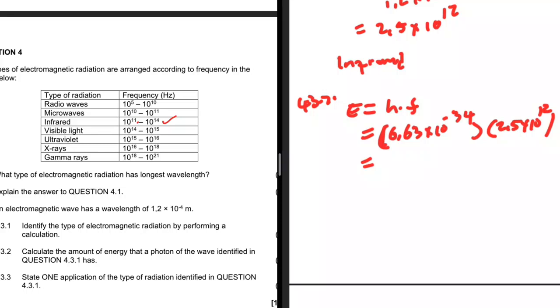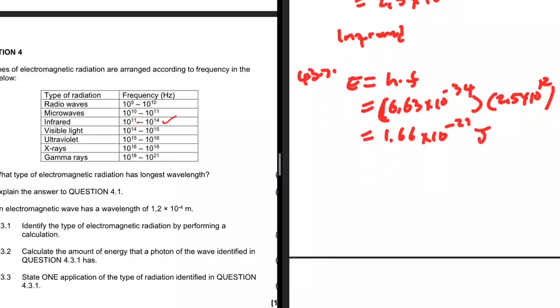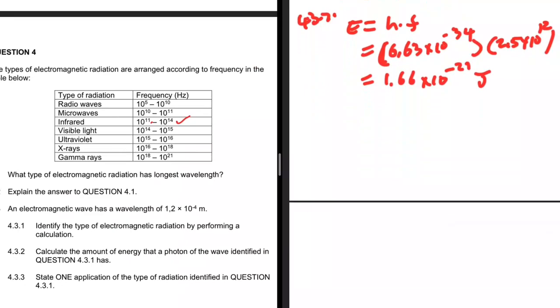And then when I put that in my calculator, I'm getting 1.66 times 10 to the minus 21 joules. There we go. And then 4.3.3, state one application of the type of radiation identified in question 4.3.1. So, like I've already said, 4.3.1, the answer is infrared. So what are the applications of infrared? I'm going to leave that to you.